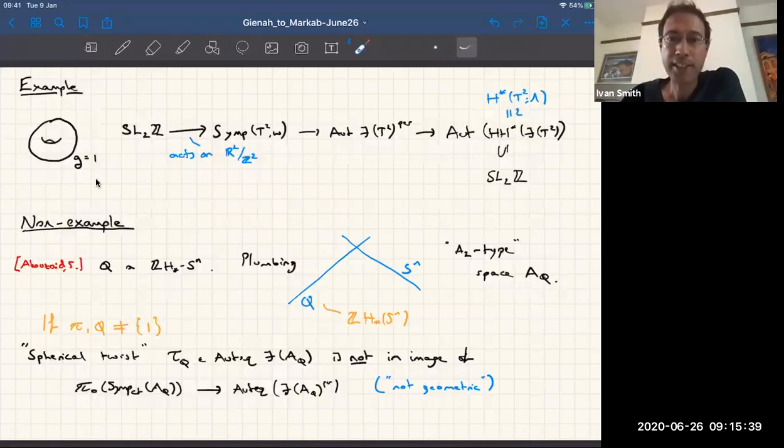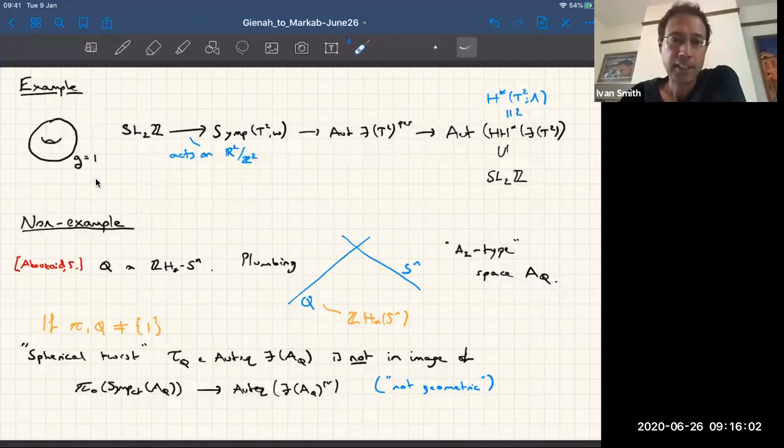So we think about this cousin of the A2 Milnor fiber, in which you plumb together a copy of T star Sn with a copy of T star Q, where Q is an integer homology sphere. And this has a compactly supported symplectomorphism, which is the Dehn twist in the sphere.